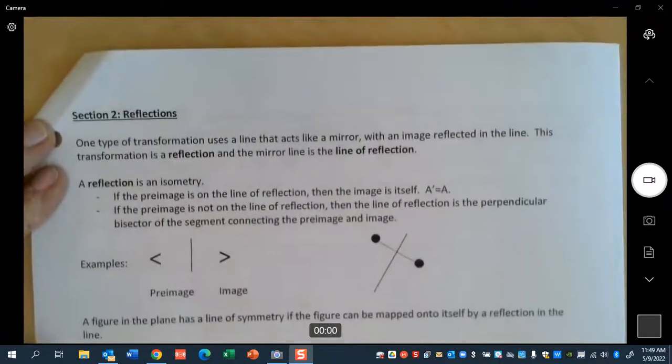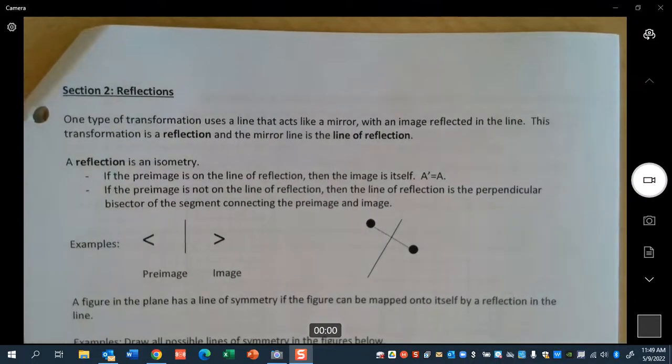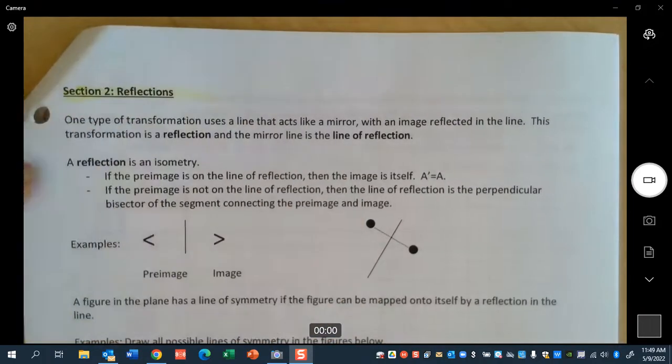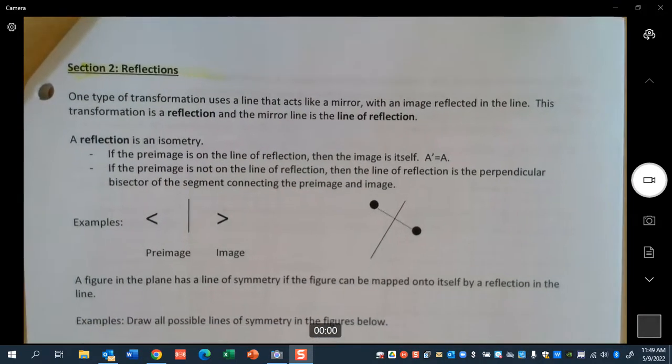All right, let's go to the next page. So what we're going to do is talk about each individual one, and our first conversation is about reflections. One type of transformation uses a line that acts like a mirror with an image reflected in the line. The transformation is a reflection, and the mirror is the line of reflection.